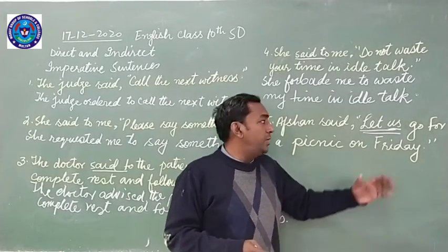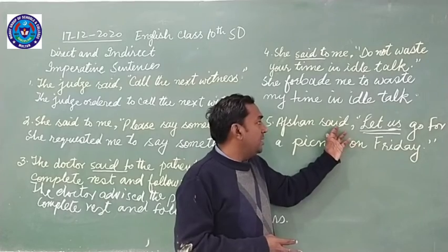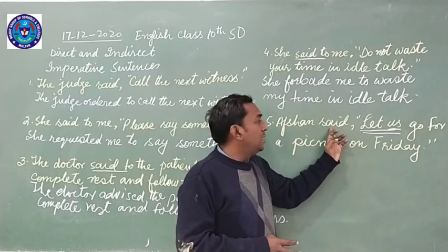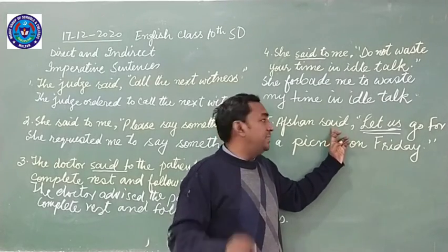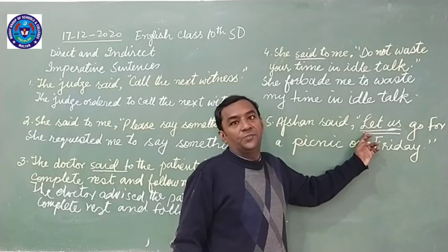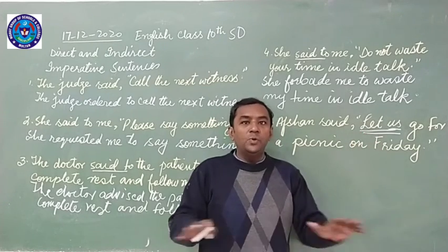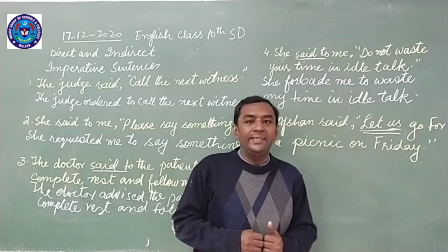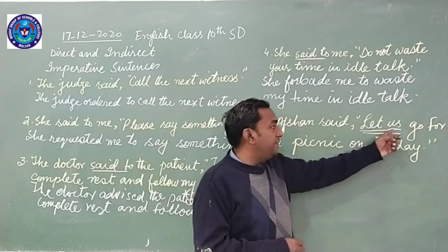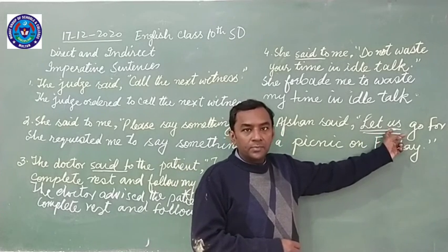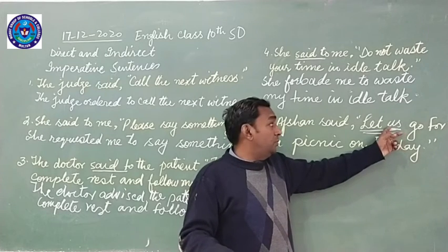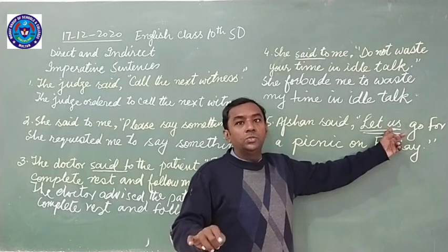So we will use suggested in place of said, and another important point here is that we will remove the verb let from here. When we remove the let from the sentence, it means after that we have been given the subject us. So with a subject we cannot use to.